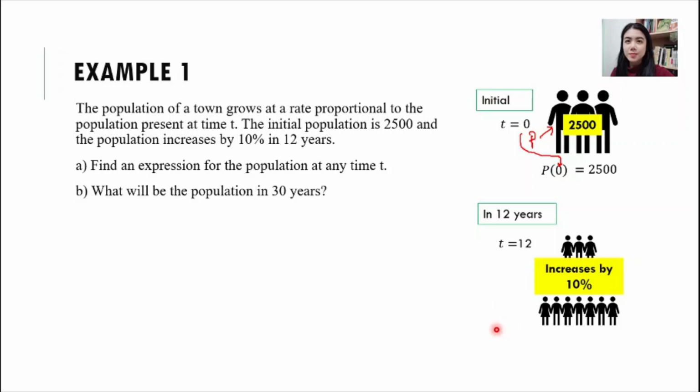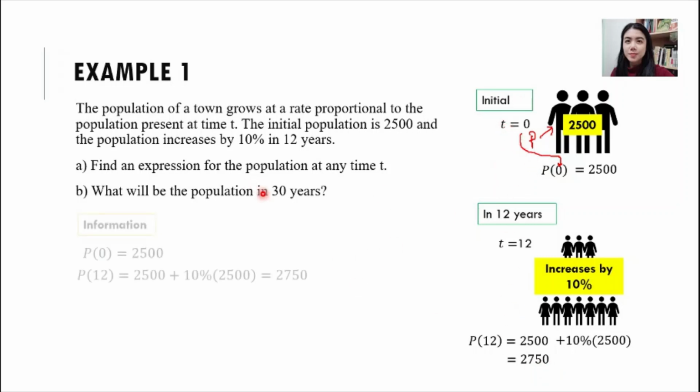We're going to write P at t equal to 12 is equal to the initial 2,500 plus 10% multiplied with the 2,500, and we have 2,750. Now we gather two important pieces of information.